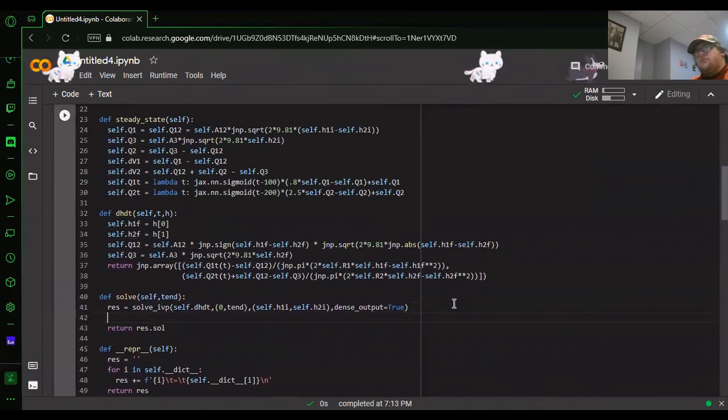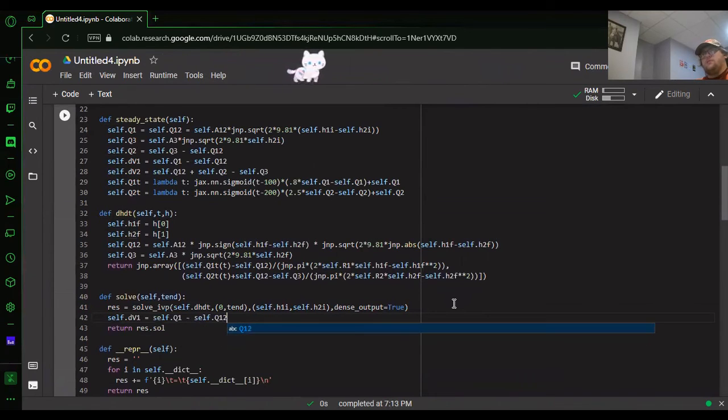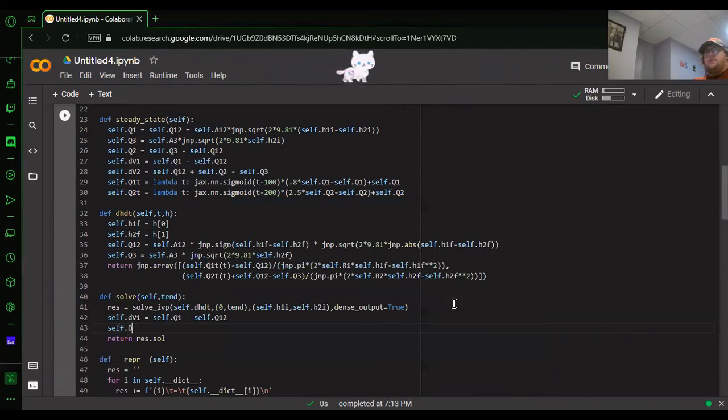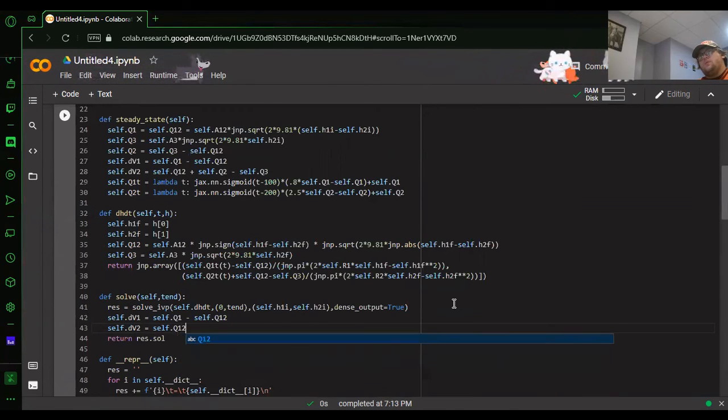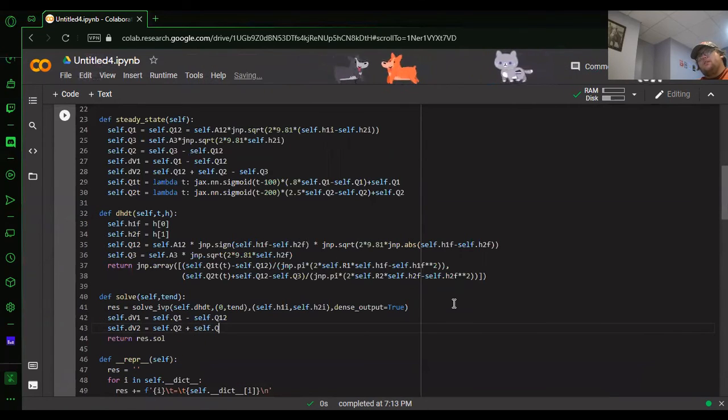So DV is pretty simple. All we need to do is go self dv1 equal to self q1 minus self dot q12, self dot dv2 equal to self dot q2 plus self dot q12 minus self dot q3.